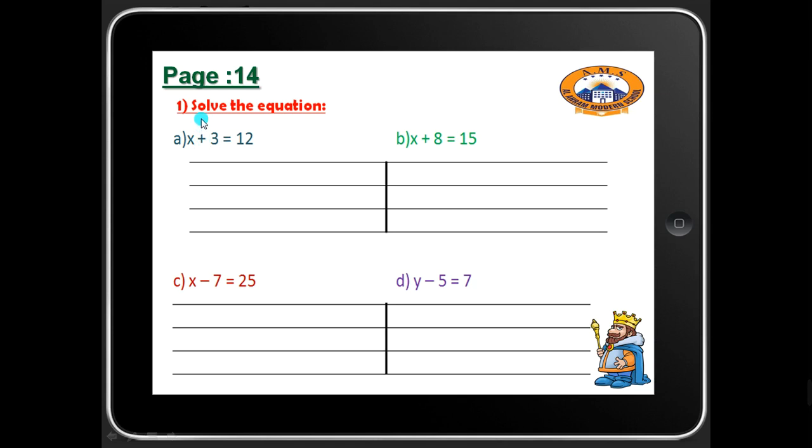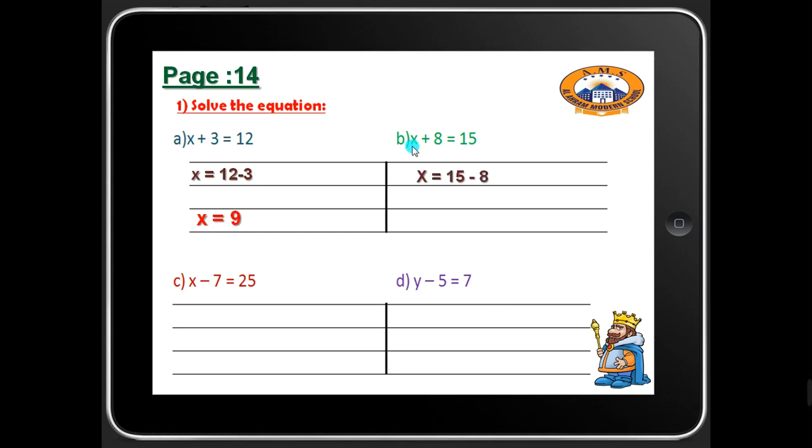So I'm going to move plus 3 to the other part of the equation. When you move the 3 to the other part after the equal sign, the plus is going to change into minus. So x equals 12 minus 3, which gives me 9. So the answer is 9. And if you add 9 plus 3, the answer is 12.